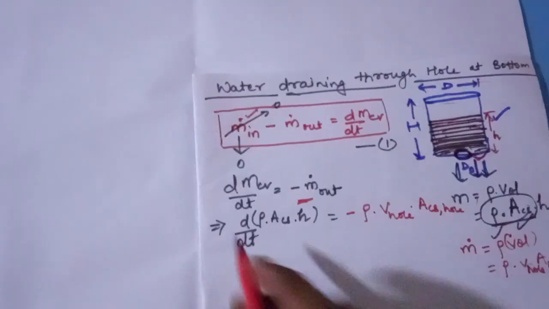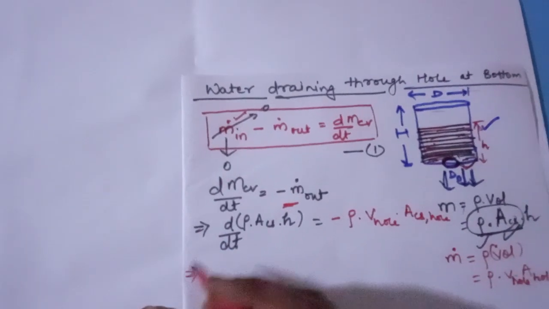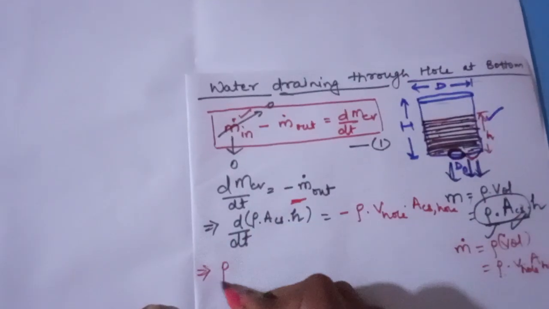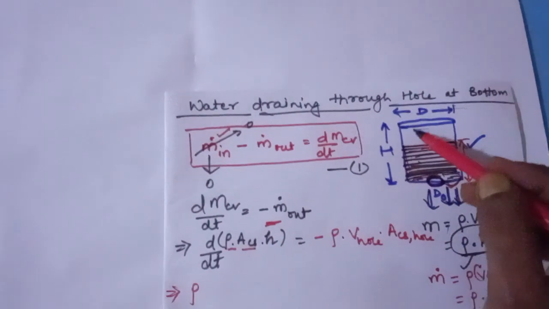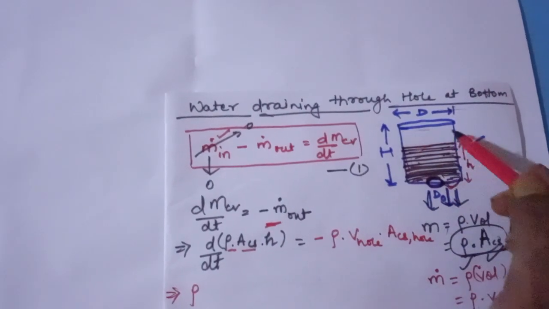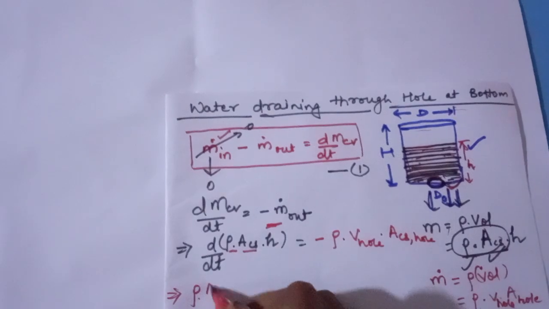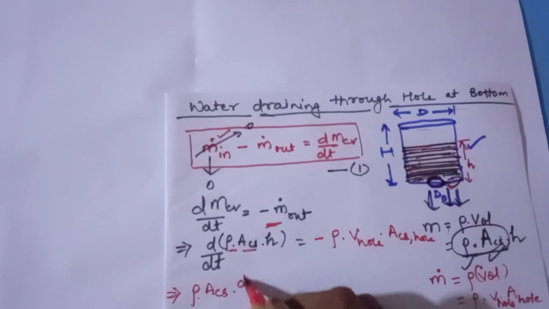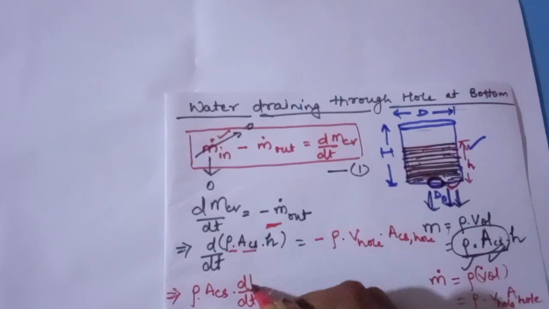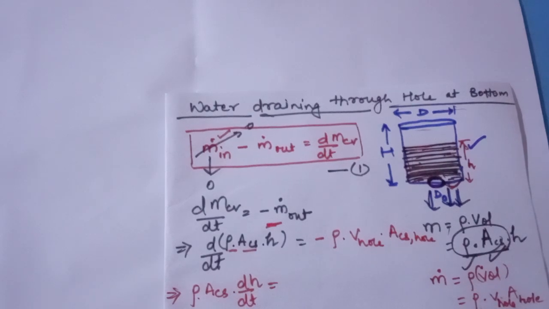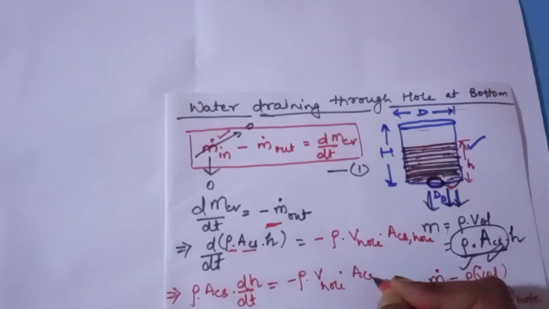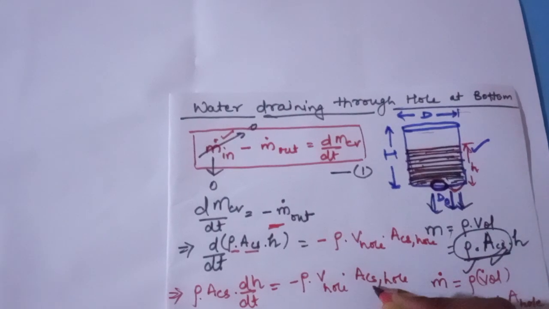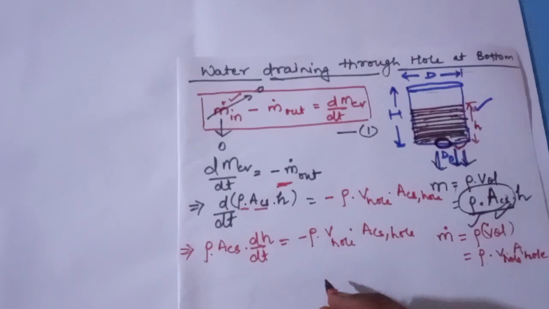Now we can write it as, see, the density and the area of cross section of the tank are both constant because the area of the cross section of the tank is not changing. Now density into velocity at hole into area of cross section of hole, this CS means cross section.